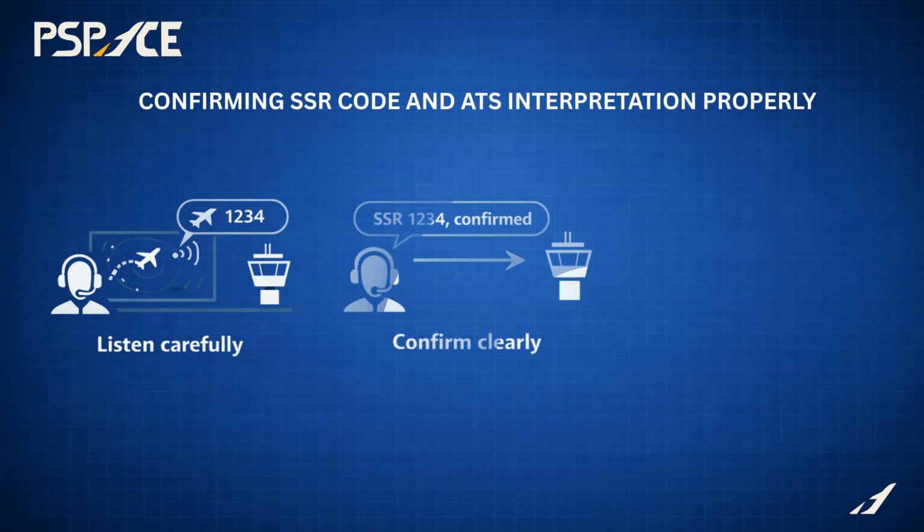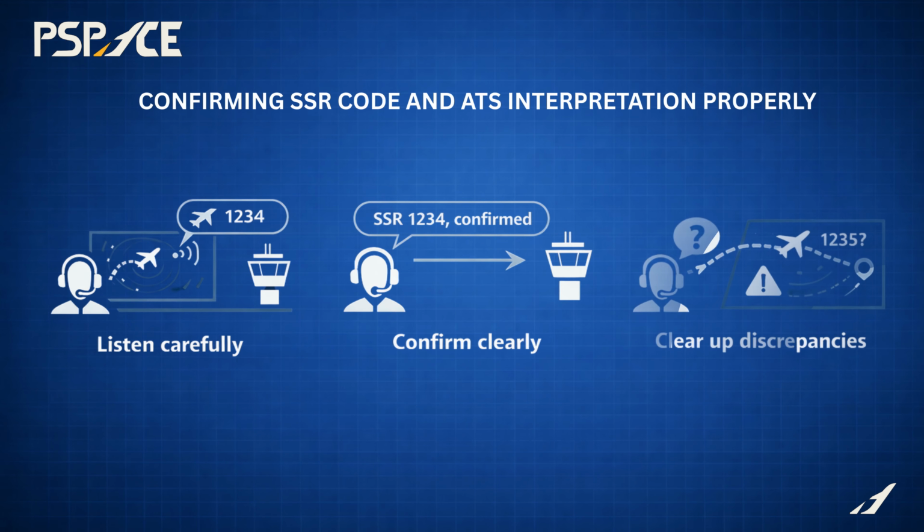If there is any mismatch, ambiguity, or uncertainty, the commander must treat that as an operational issue requiring resolution rather than as a minor technical distraction. This is important because surveillance misunderstanding can affect identification, coordination, and controller confidence in the aircraft's presentation. Clear confirmation and prompt attention to any discrepancy help preserve the reliability of the controlled airspace picture on which later instructions and separation decisions may depend.